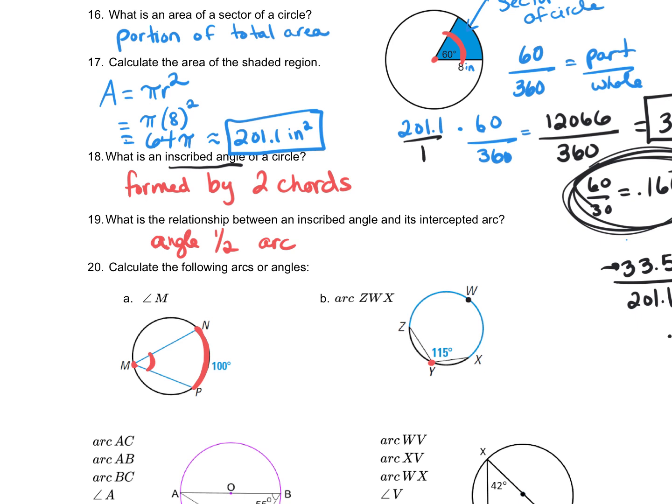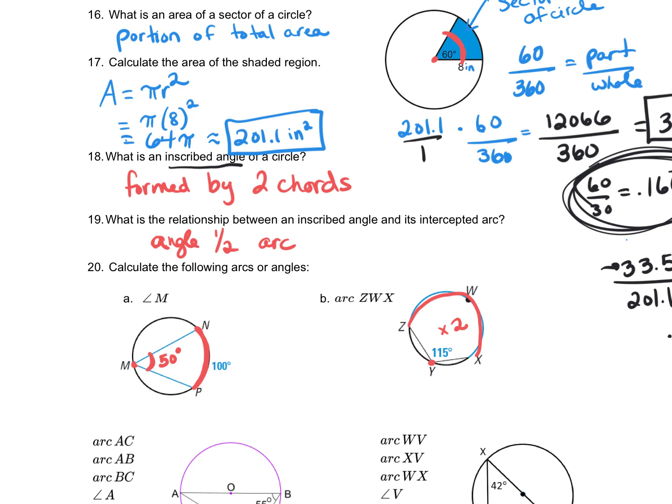So knowing that the angle is half the arc, if NP is 100 degrees, that means angle M is 50 degrees. It's half. Now looking at example B, we're given the angle instead of the arc. And in that case, if the angle is half the arc, to get the arc, we would multiply times 2.